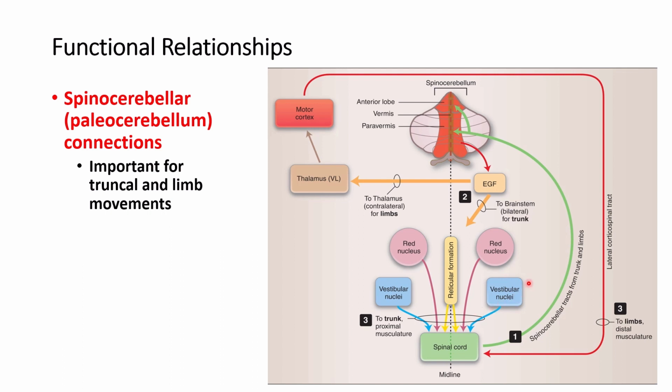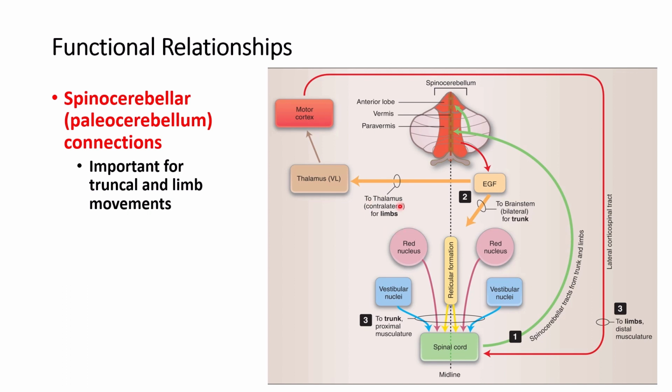This information is also sent to the contralateral olive, and unfortunately the information is not shown here, so the olive is also processing this information. This is important for the axial skeleton, and also for the shoulder and hip girdle muscles.